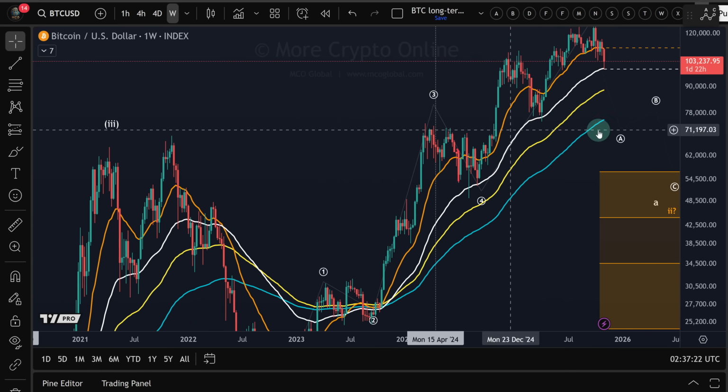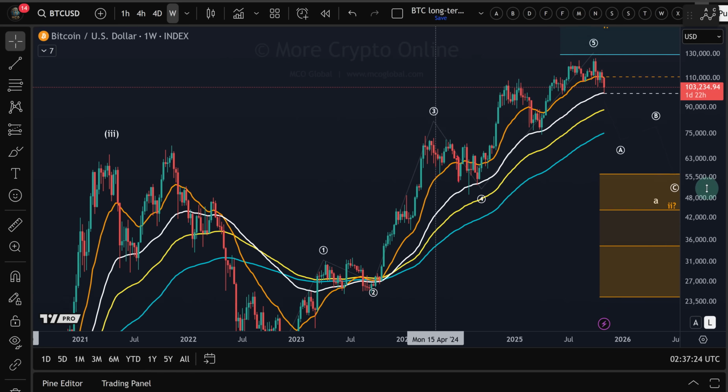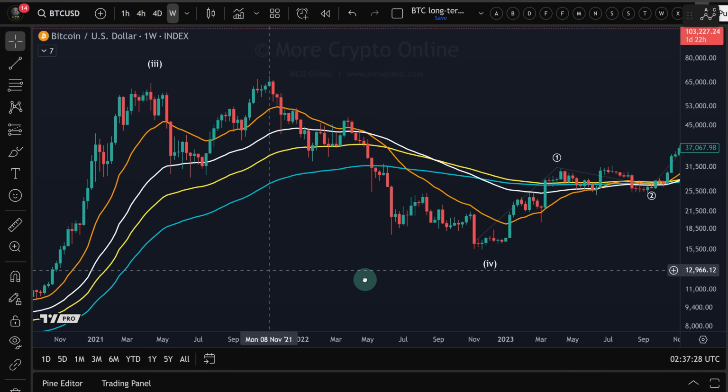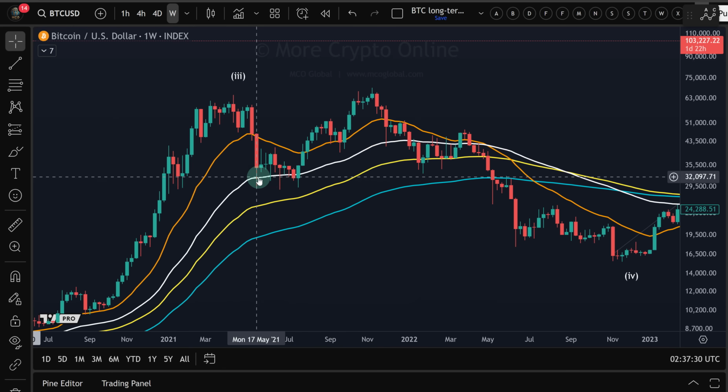Now, another reason, if we look at previous cycles, like in 2021, we saw a close below that 55-week EMA, but it wasn't enough to confirm a bear market.